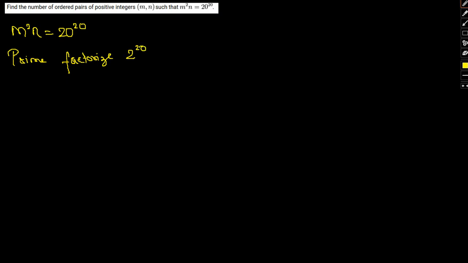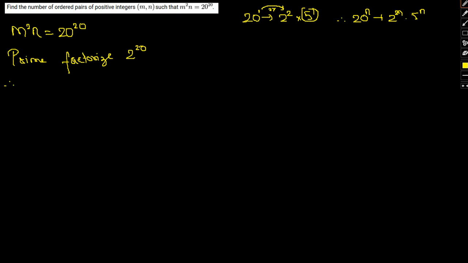So basically we know if we take 20, 20 can be written as 2 to the power 2 and 5 to the power 1. So if we write 20 to the power n, we can see that the power is doubled here and the power remains the same in terms of 5. So therefore we can conclude 20 to the power n is basically 2 to the power twice n into 5 to the power n.